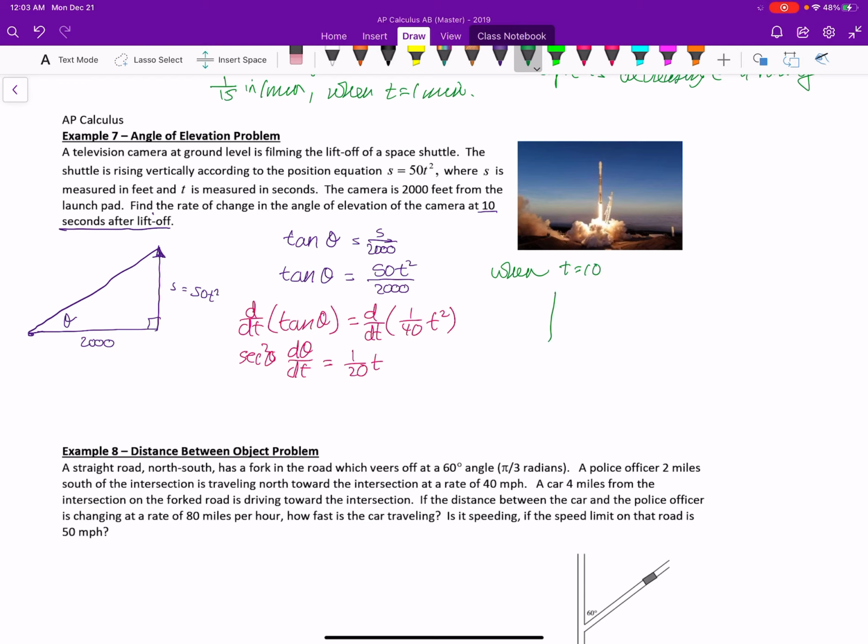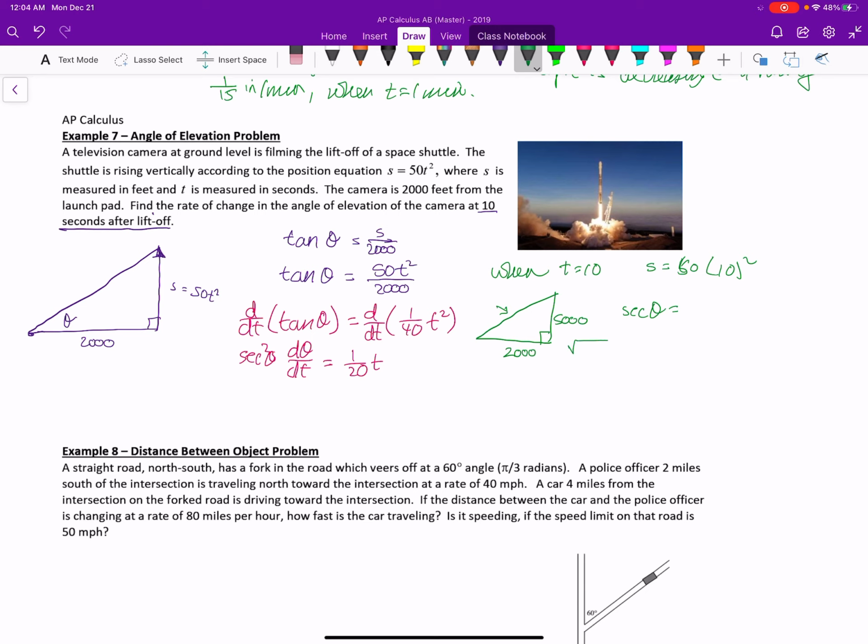So I'm going to draw my picture again, but for this particular example, this is 2,000. I need to find the length because I'm going to have to know what secant theta is so I can square that value. So I need to find all the lengths in the triangle. When t is equal to 10 seconds, s is equal to 50 times 10 squared, so that's 5,000. To find the last piece I have to use the Pythagorean theorem.